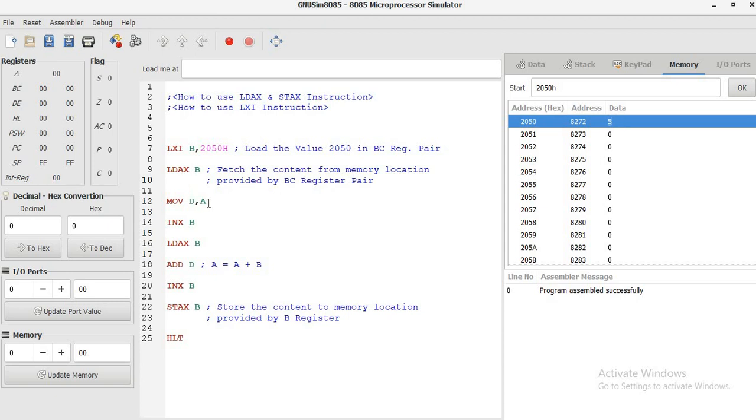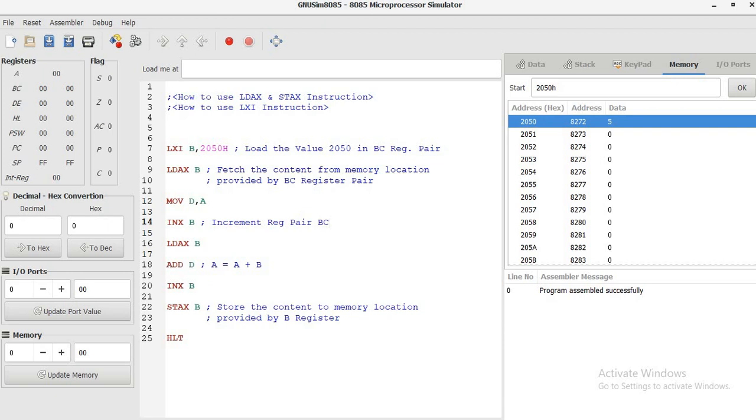Right now I am moving the accumulator value to the D register. This is very important. INX B is incrementing the register pair, in this case the register pair BC. Right now the value of BC was 2050. When I write INX B, it will go to 2051.